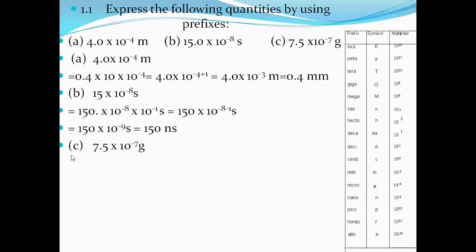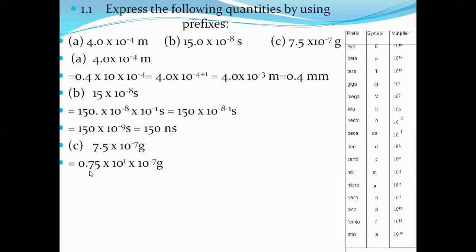Next is part C, which is over here, 7.5 into 10 to the power minus 7 grams. Now, what is closer to minus 7? Minus 7 is micro, I think. Yes, micro is 10 to the power minus 6.